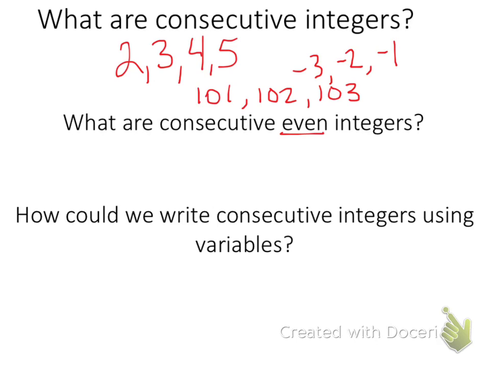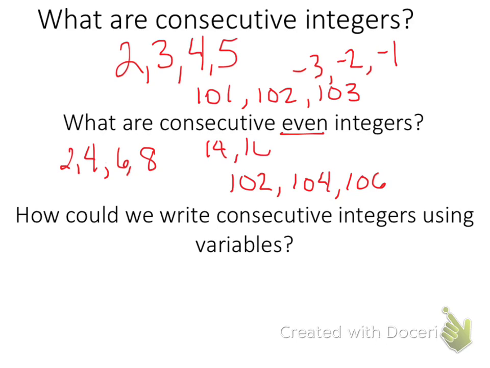Consecutive even integers would be like 2, 4, 6, 8, or 102, 104, 106, 14, 16, 18, 20, 22. Those are consecutive even integers.